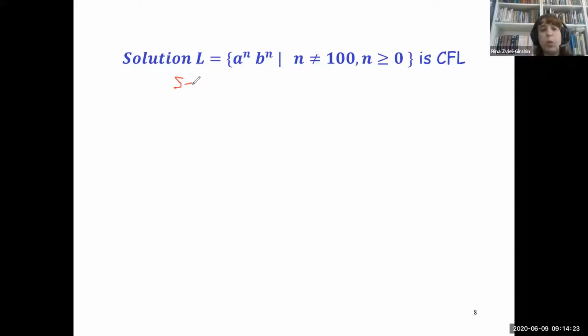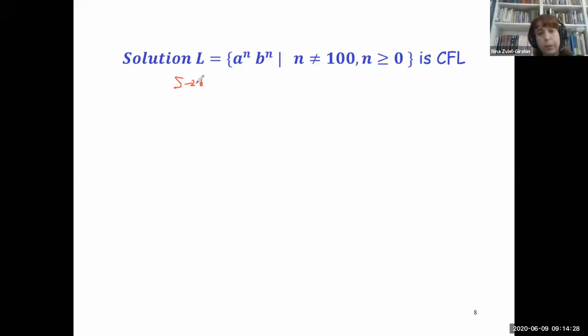I would like to produce all the words having the number of A's equal to the number of B's up to 100: A B, A A B B, 3 A's and 3 B's, and I will continue until A in power of 99, B in power of 99.